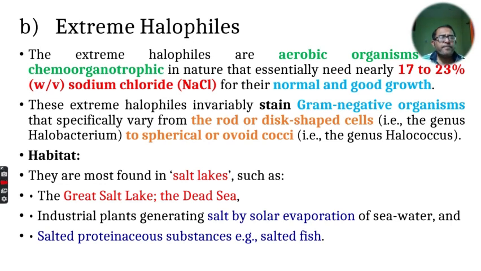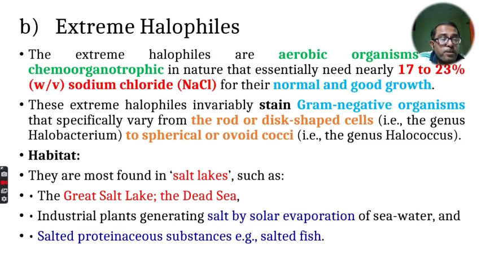These extreme halophilic bacteria are aerobic organisms, meaning they require oxygen for their growth. They are chemoorganotrophic bacteria which require 17 to 23% of sodium chloride concentration for their normal and good growth.